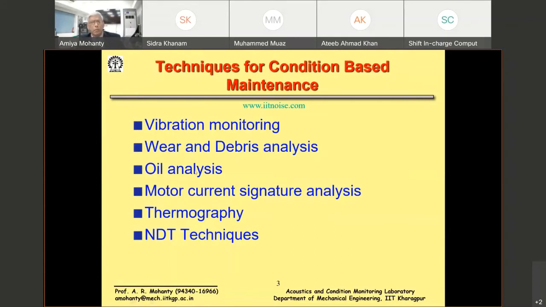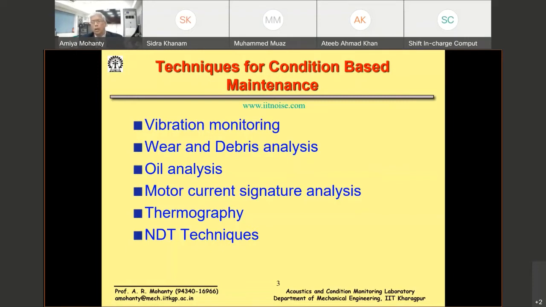And then I just mentioned wear debris analysis. And we talked about a brief introduction of what is motor current signature analysis, thermography, and a lot of NDT techniques that people are also using, like ultrasonics, X-rays, acoustic emission, etc., to find out the present fault condition.